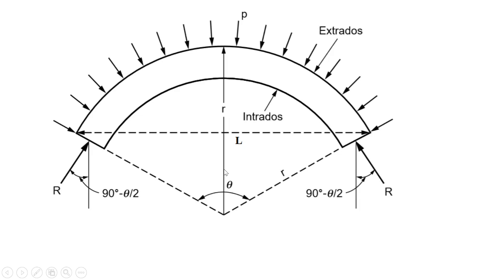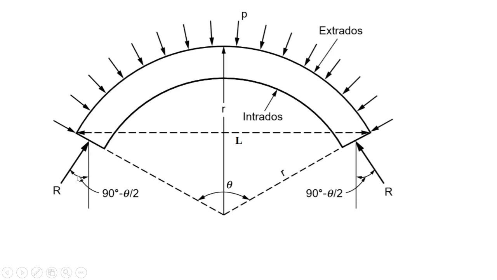You know that due to arch action, there will be reactions at the end abutments. See, this is the reaction at one end abutment and this is the reaction at the other end abutment, and the reaction formed at that place will be perpendicular to the surface. So this reaction will be perpendicular to this surface. Also, if you solve, you know that this is angle theta by 2, and the reaction makes angle 90 minus theta by 2 with the vertical.